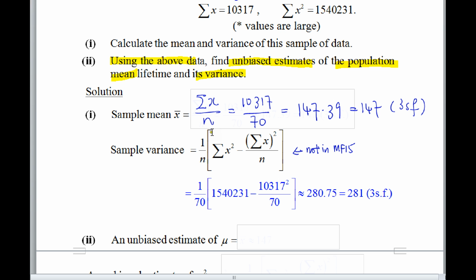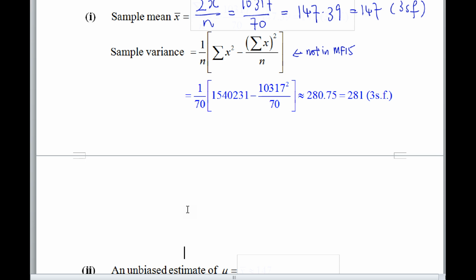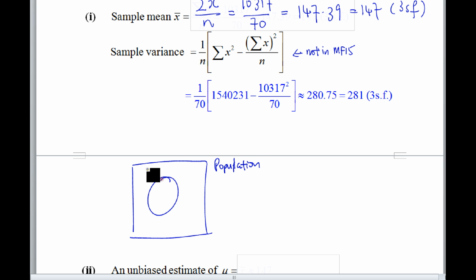Let's be very clear. What happens is this is the population. What you did was only collected a sample of n equals to 70. This is just a small subset of the population.